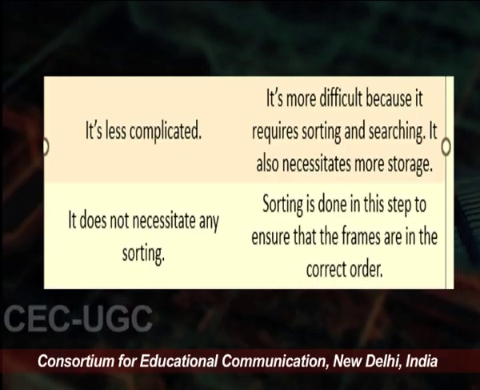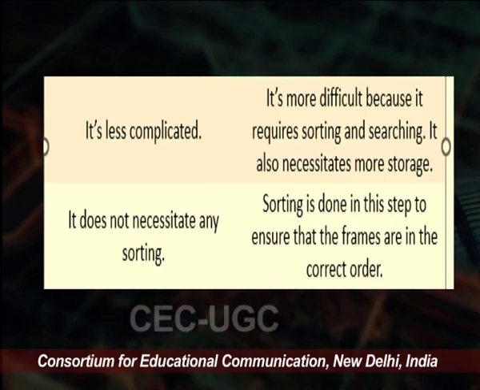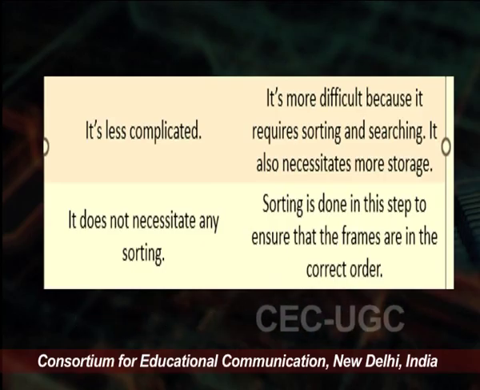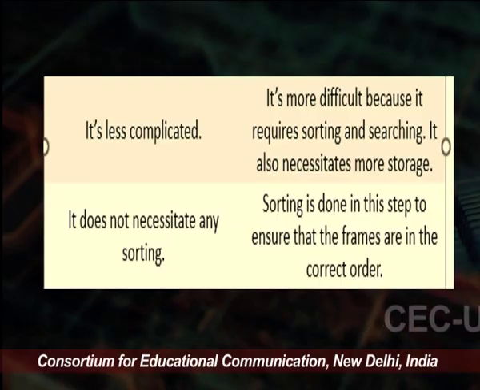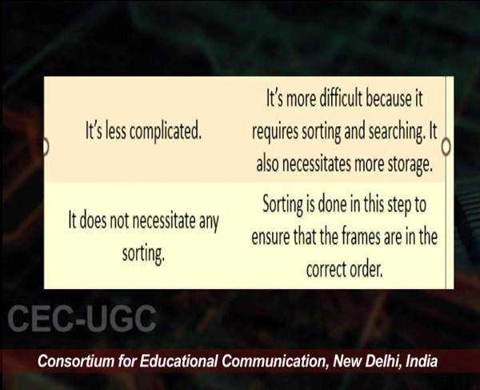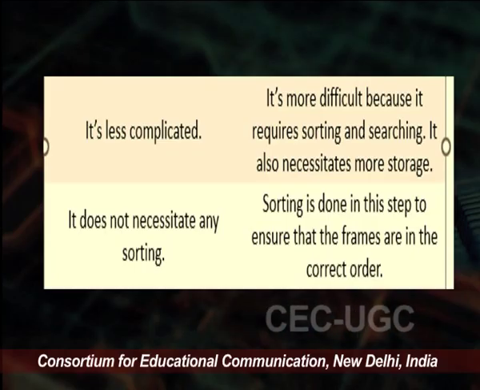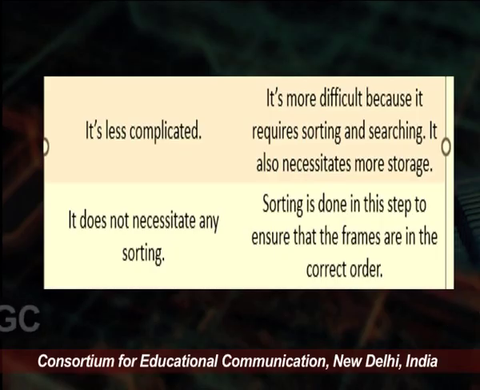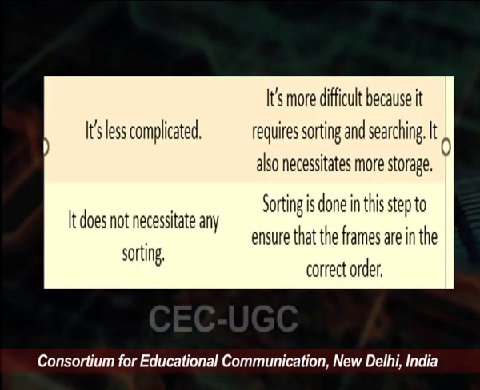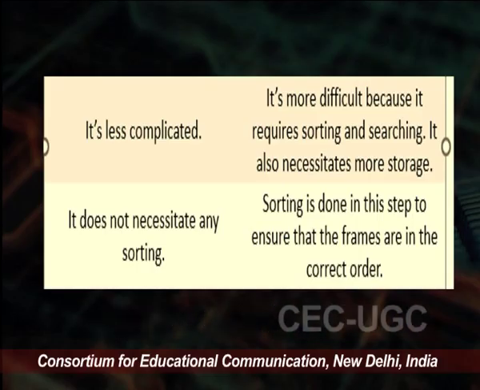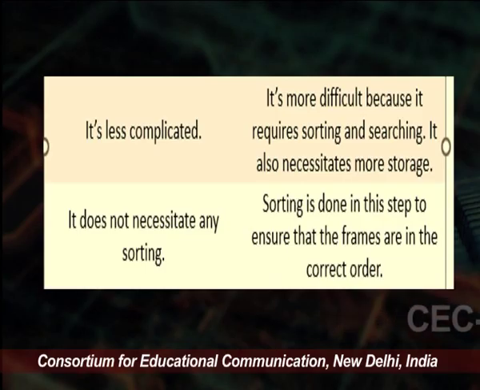requires more storage in order to keep the buffer of all those frames which are not received in order, but are to be stored in case of selective repeat. In case of go back N, sorting is not required, while in case of selective repeat, sorting is done in order to ensure that the frames are in correct order, or in order to identify which particular frame is missing.